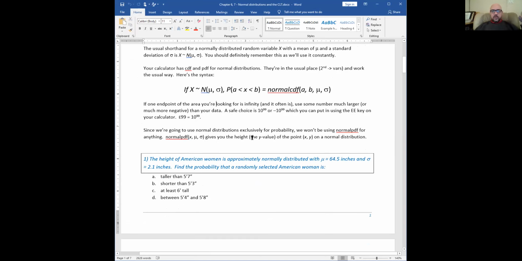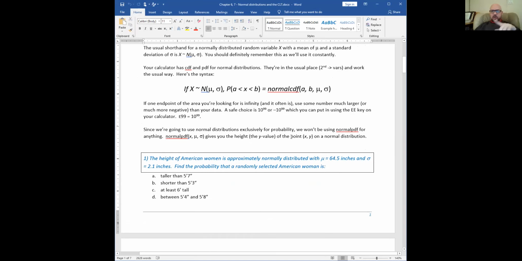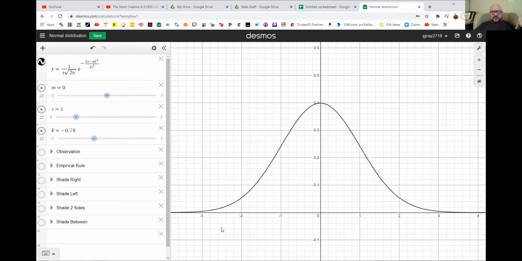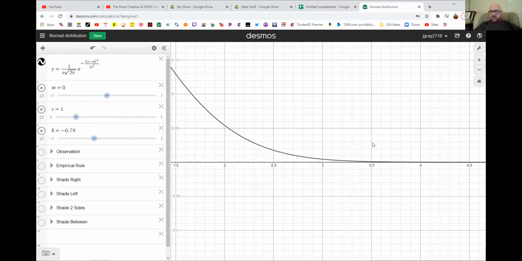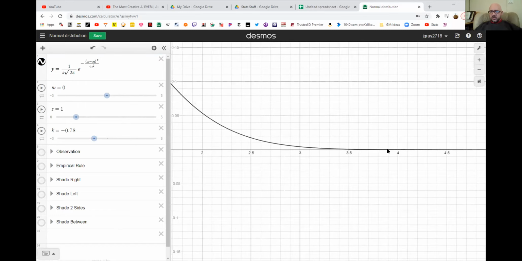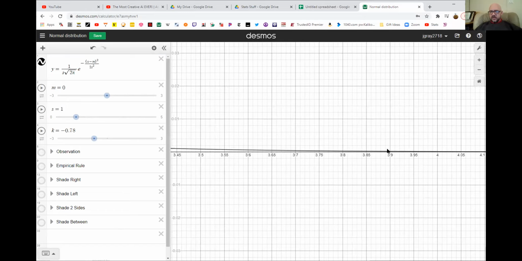One common thing I should say: normal distributions go to the right and left forever. It kind of doesn't look like it because they get very close to the axis. If you were looking at this, you might say, oh, that seems to stop about 4. But if I were to move over here, you would find out that it's not touching the axis.